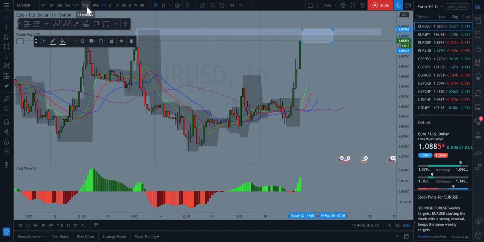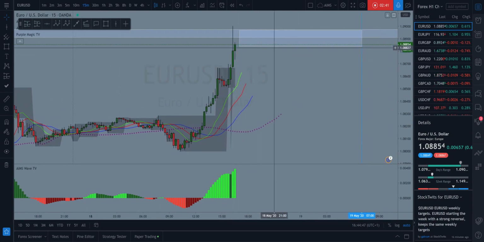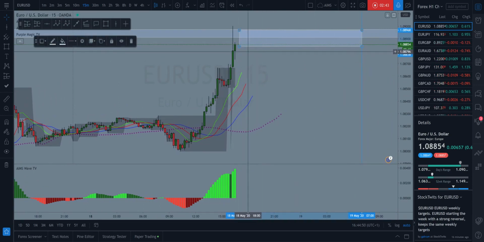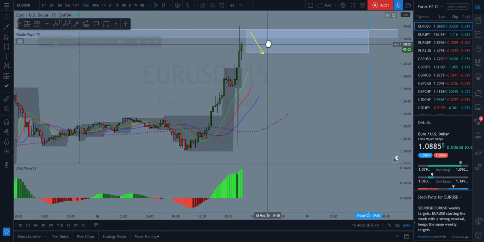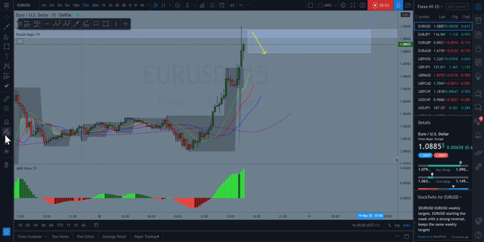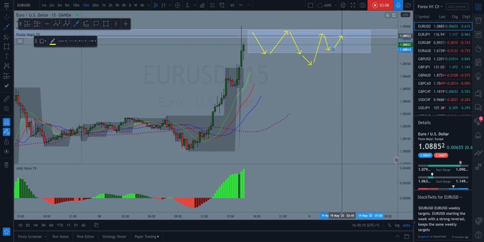Now I'm going to take it to the M15 chart. See, we have that much time. If within this time market stays sideways, so it could do things like, you know, down, go into drawing mode, goes up, down, probably even come down, and then goes up, and then creates a tight box around this area.